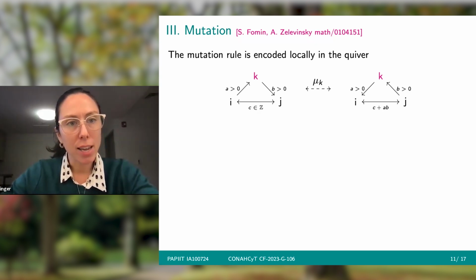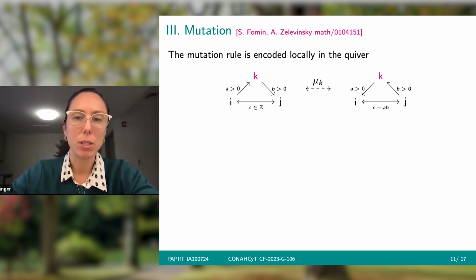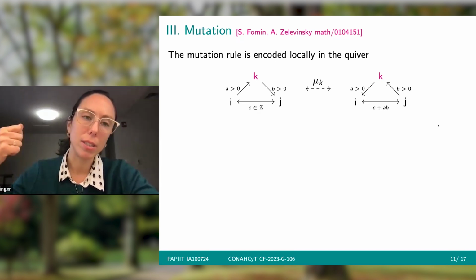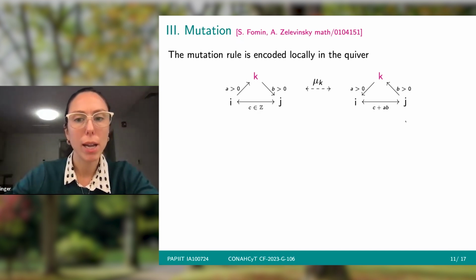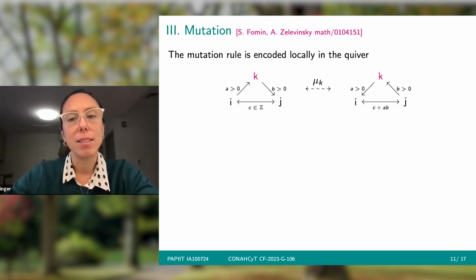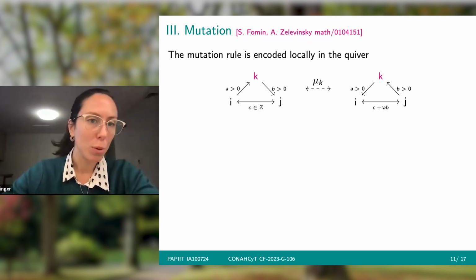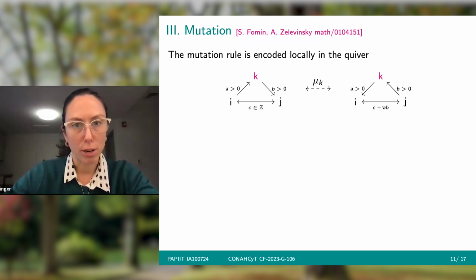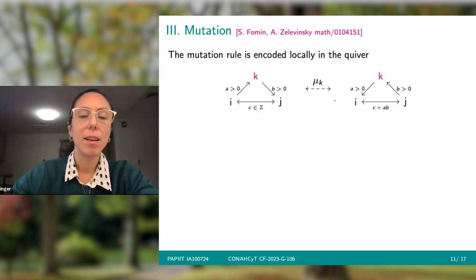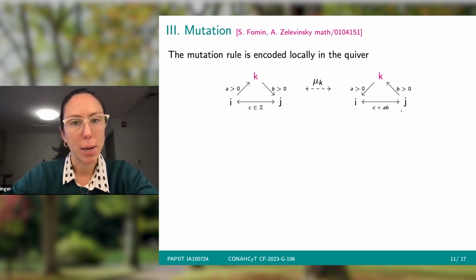But after adding in the arrows, remember I mentioned that my quiver should not have any 2 cycles. So after adding in these extra arrows, I delete a maximal collection of 2 cycles that I might have formed. And this is how C plus AB will be exactly the right number of arrows afterwards. So if C was negative, I have some cancellation happening. And otherwise, I just get more arrows from I to J.